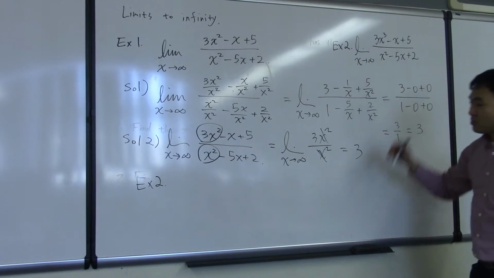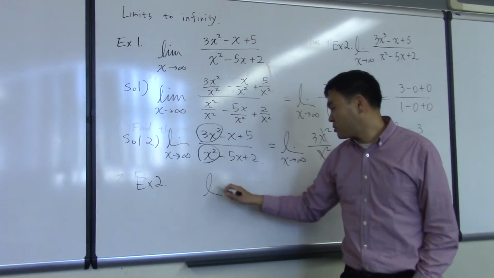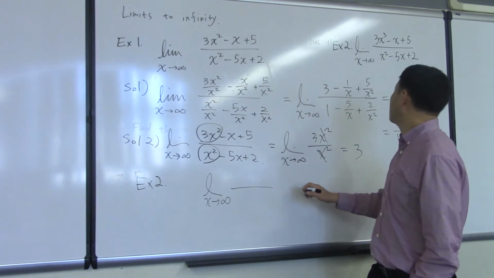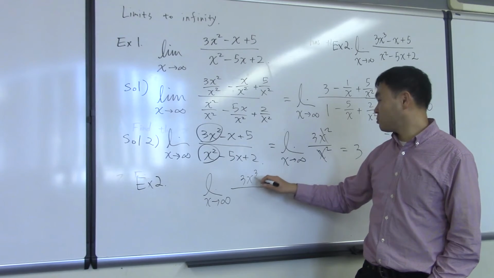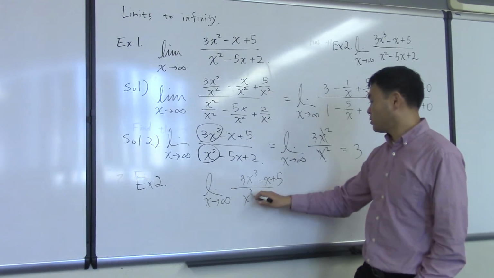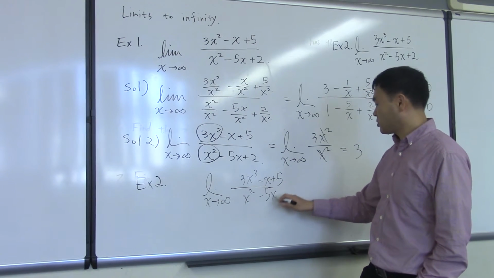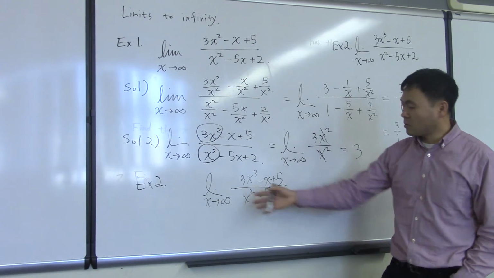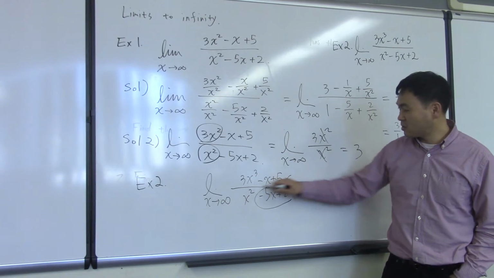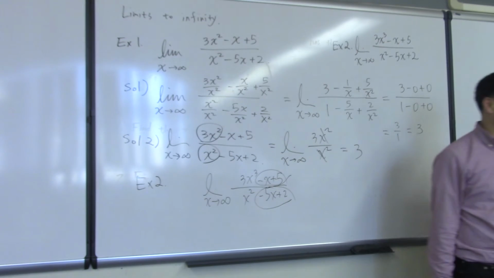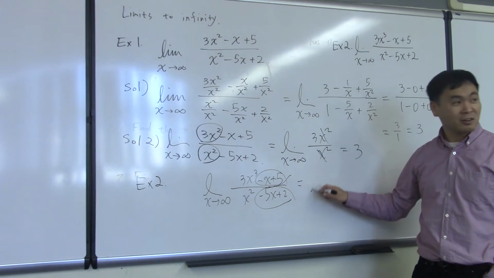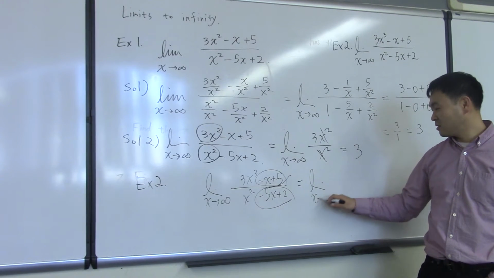Now, for this question, think about what happens if you only allow the big guys to play. 3x cubed minus x plus 5, x squared minus 5x plus 2. And we say, well, if x is something really large, these are just small compared to x squared and x cubed. So let's only let the big guys play against each other and see who wins, right?